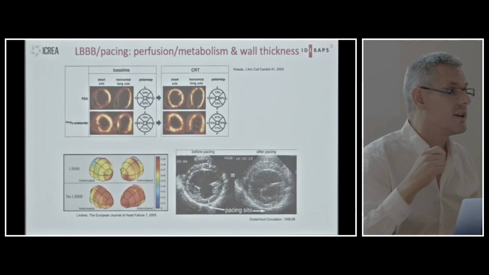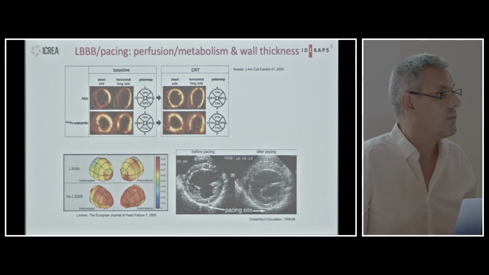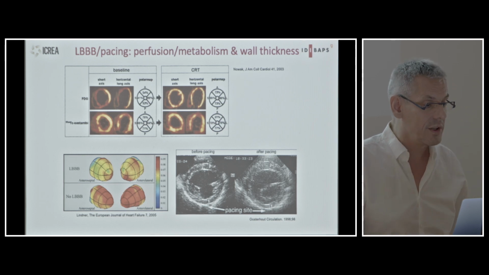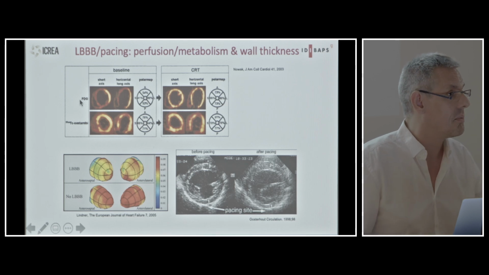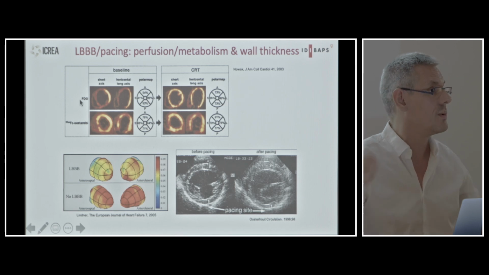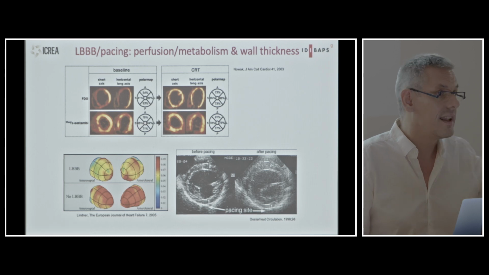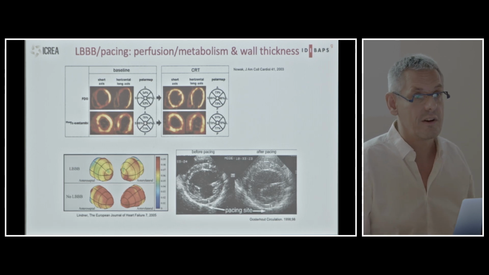Now, when you look, for example, at the nuclear literature, what you see is perfusion and metabolism defects in the septum in this kind of dilated cardiomyopathies with left bundle branch block. Of course, initially people would say, okay, there's a problem with the coronaries.